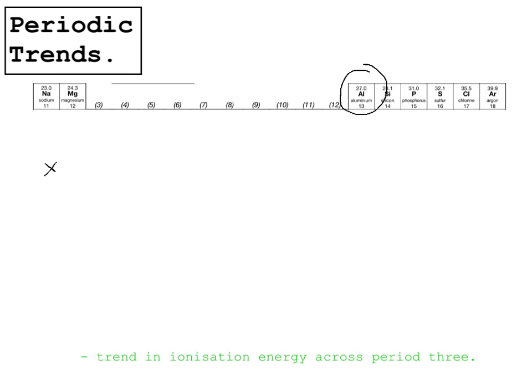So the electron in aluminium is in the 3p orbital rather than the 3s orbital, which is where the actual electron is in magnesium. So electron is in 3p orbital. So that's the first thing we do, we just state where the electron is. The next bit of the answer will state why that affects the ionization energy.